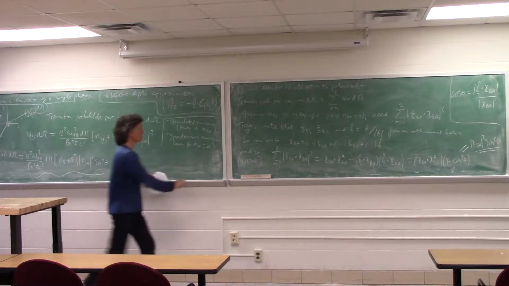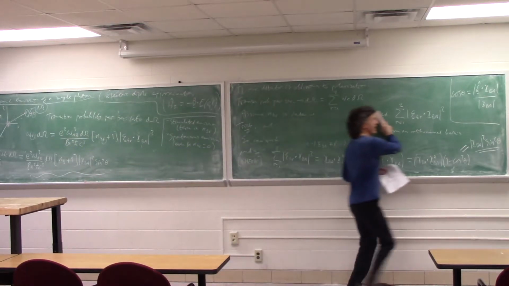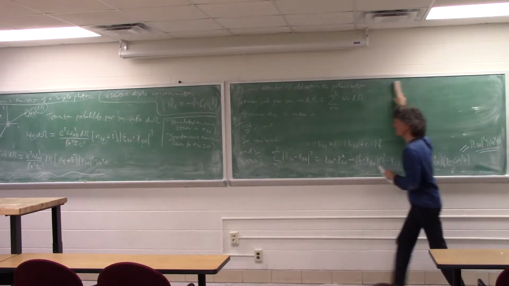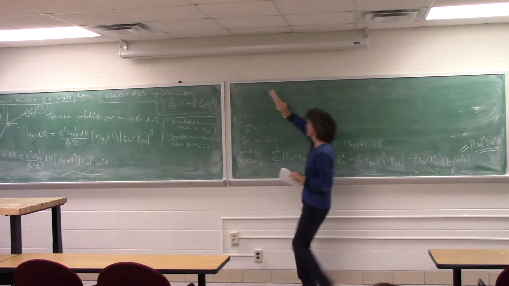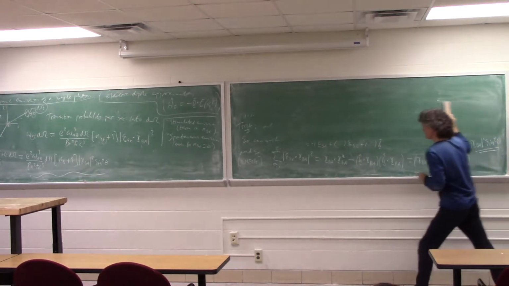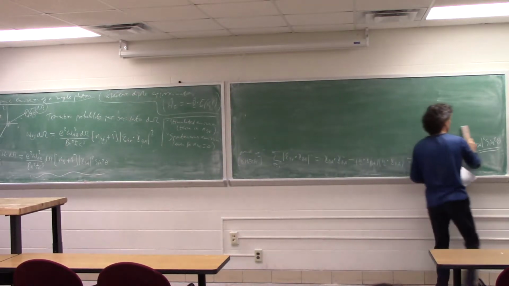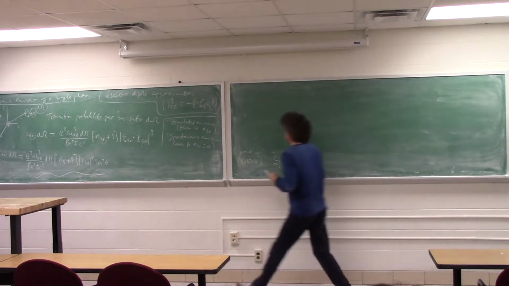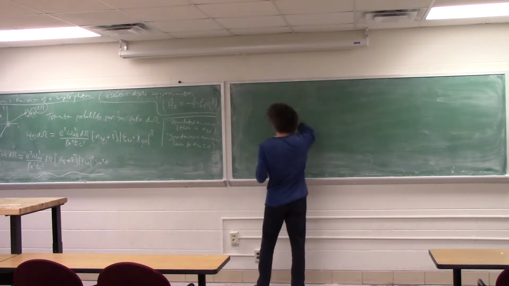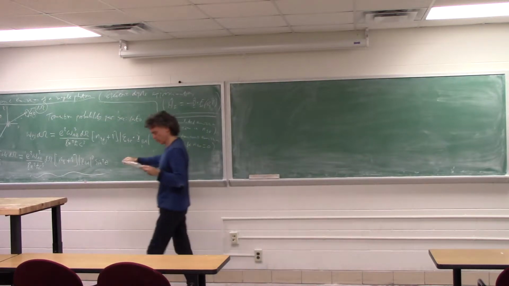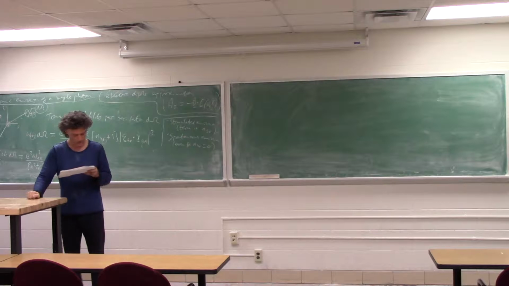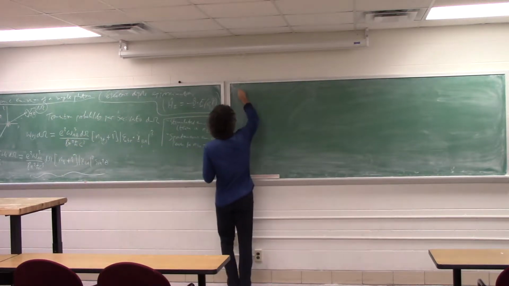There we go. So now let's just look at the case of spontaneous emission, where there are no photons in the initial state, and see if we can work out the total probability per second for the transition. So what do we do? So let's look at spontaneous emission.